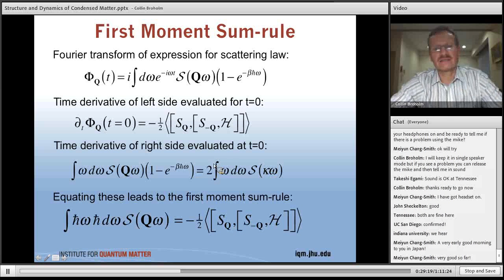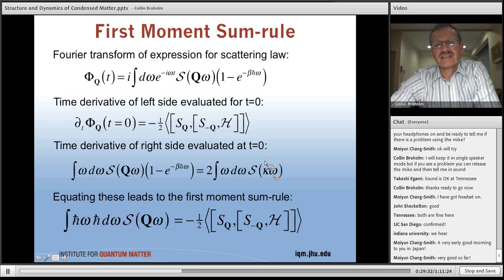So this is why this sum rule, which I'm deriving here, is called the first moment sum rule, because it relates to the interpretation of the dynamic correlation function as a probability distribution function that I'm using to calculate some sort of weighted average of frequencies.